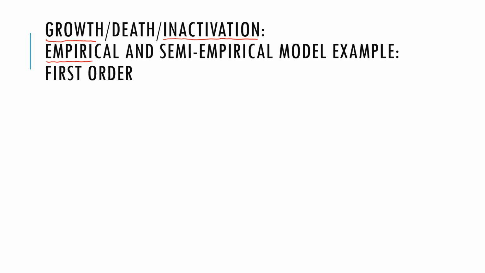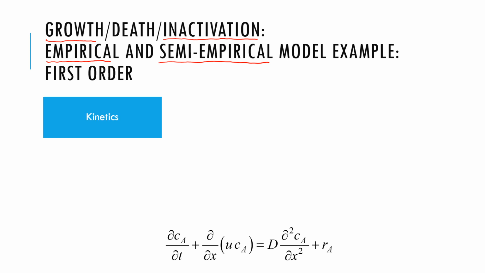These are empirical or semi-empirical models, but that is good enough for putting things in the quantitative framework that we are talking about to estimate bacterial concentration at any position or time.